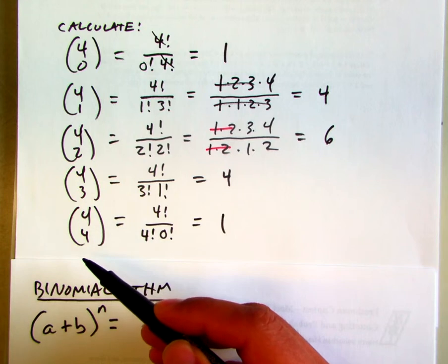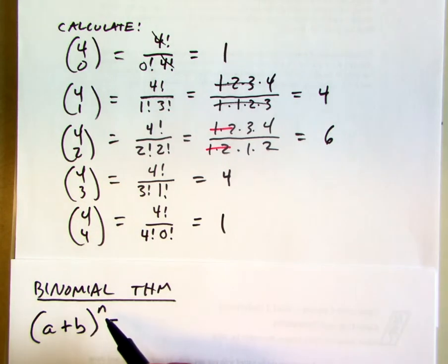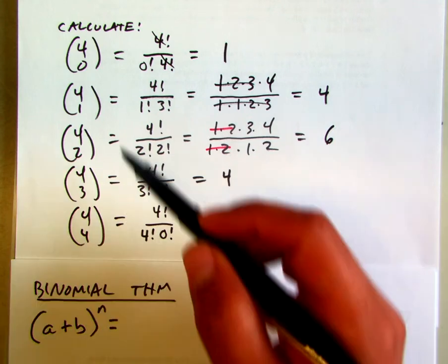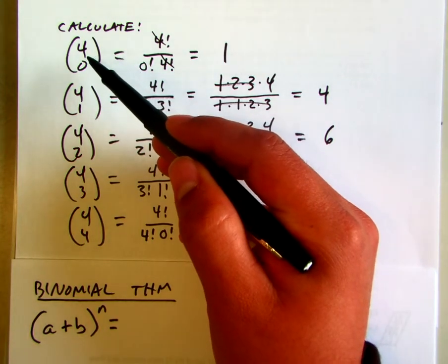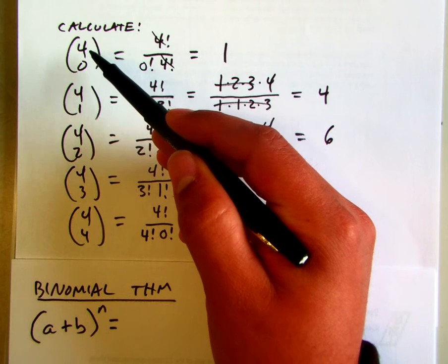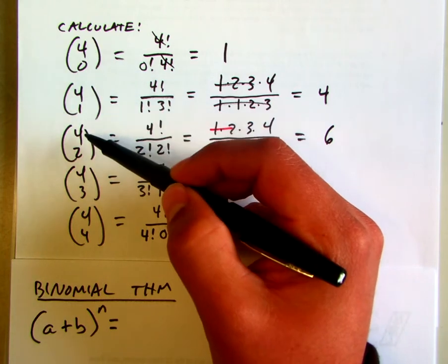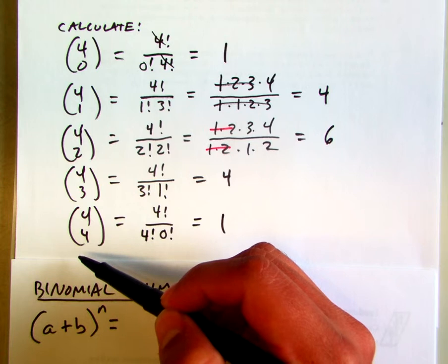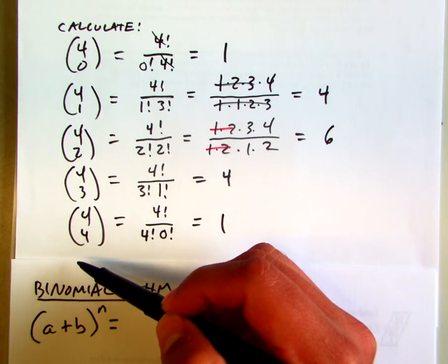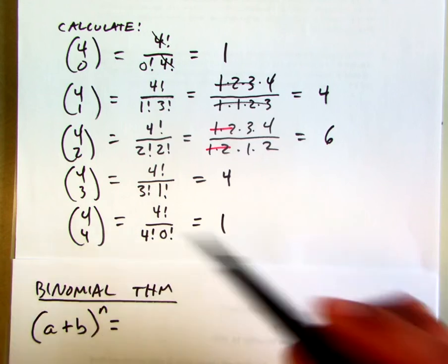Well, if the exponent is n, what do you suppose we're going to start with? Instead of 4, it'll start with n. Does everybody see that? And it'll be n choose 0, n choose 1, n choose 2, and you work all your way to n choose what? n choose n.